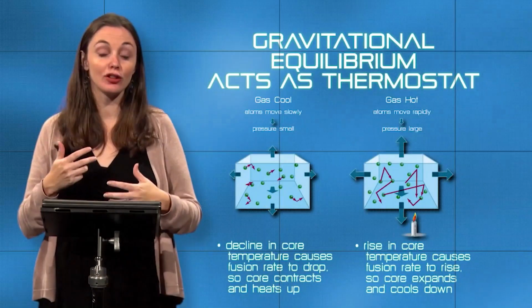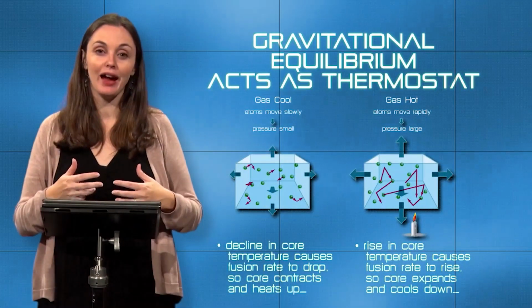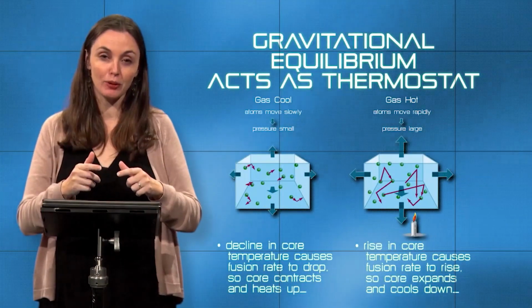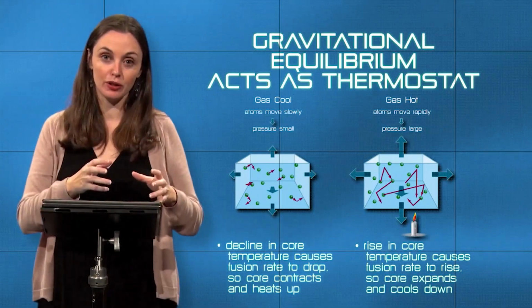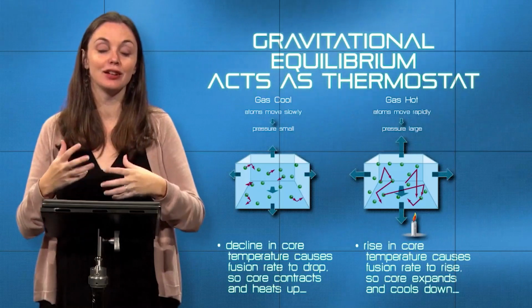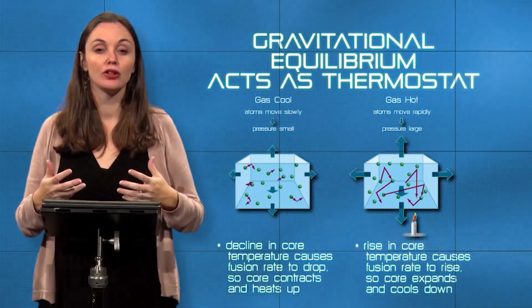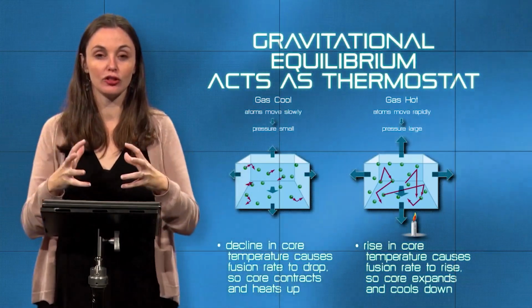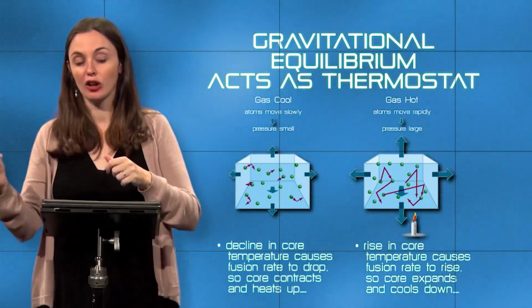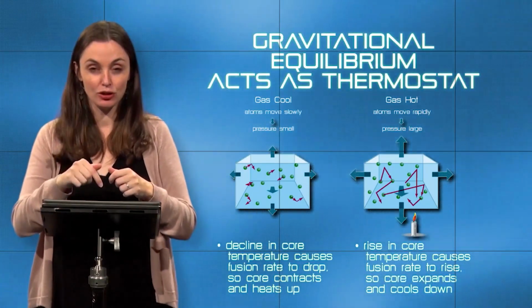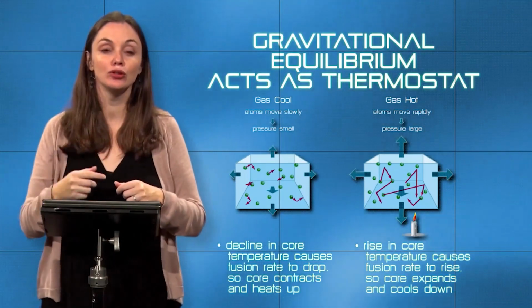So the way that this thermostat works is by having temperature be controlled by gravity. Gravity controls the temperature because it controls the density in which all of these particles are in. So when gravity takes over and crunches inwards a little bit, then you drive up temperatures. So if gravity controls temperature, temperature also controls the rate in which fusion happens.